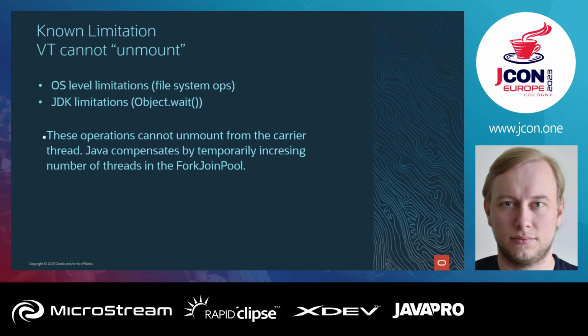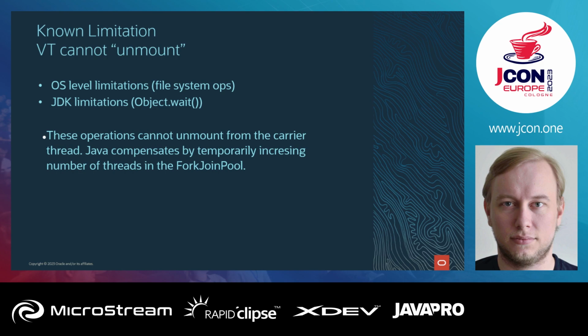And the reason for that is it's on the native level, and Java doesn't know that it should be done. So there is no way for us to know. Another thing is the JDK limitation itself. So if we call the wait method of the Object class, it will also not unmount the thread.